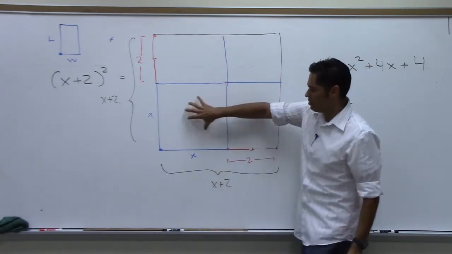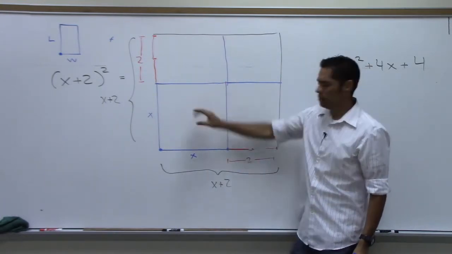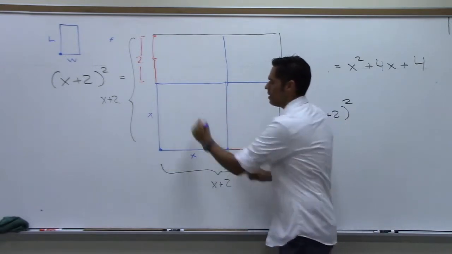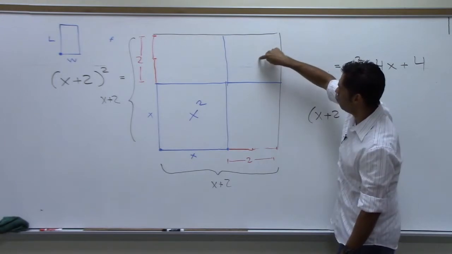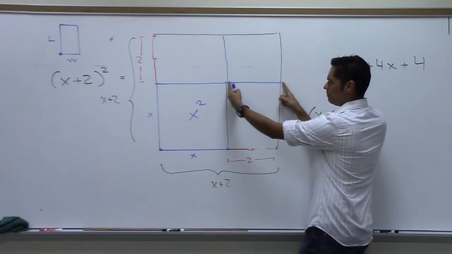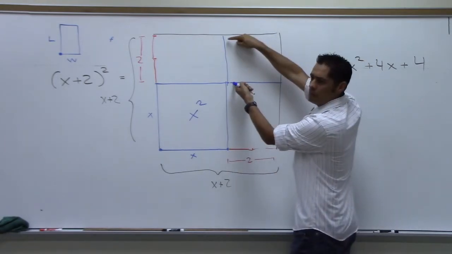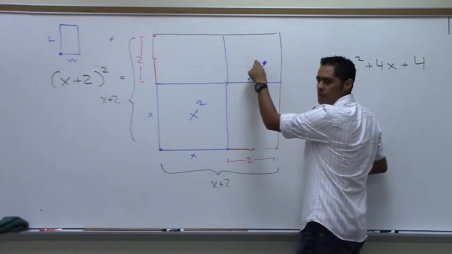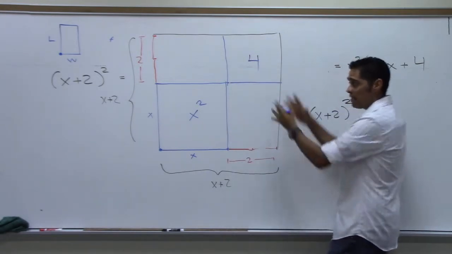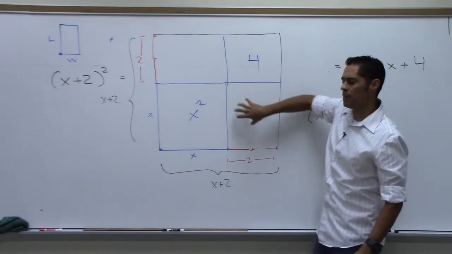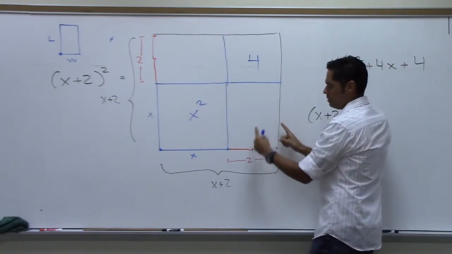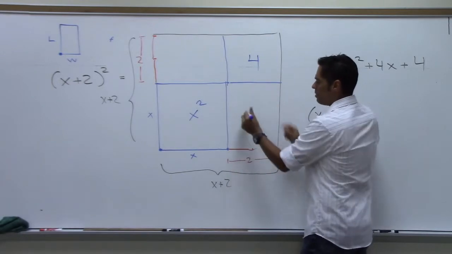What is the area of this right here? X times x. That's x squared, right? What is the area of this one right here? So how long is it here? 2. How long is it here? 2. So the area of that square is 4. Is that the whole area? We're still missing this and this, aren't we? Okay, what's the area of this one? 2 times x.